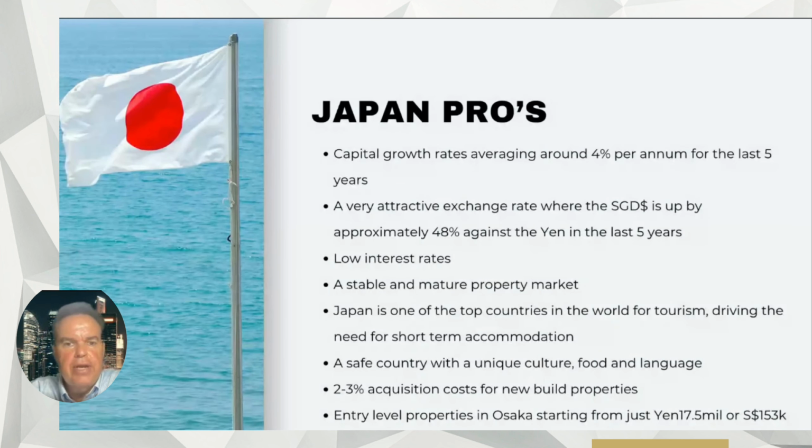Japan also has very low interest rates, which is also good for borrowing. It's a very stable and mature property market. I mentioned the tourism, and the very high levels of tourism are driving the need for short-term accommodation.